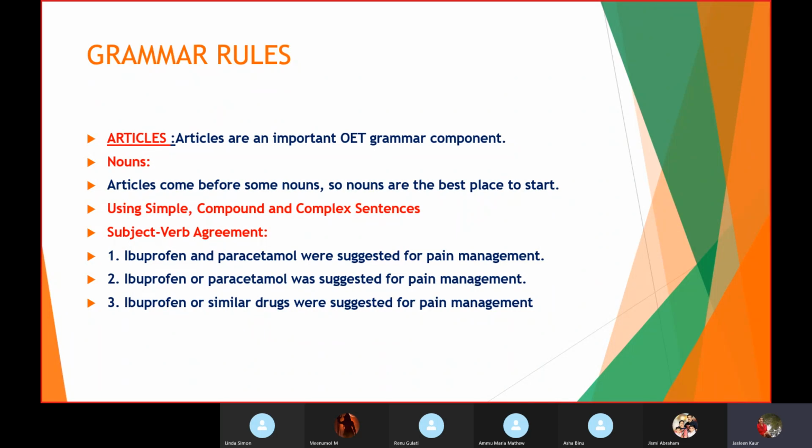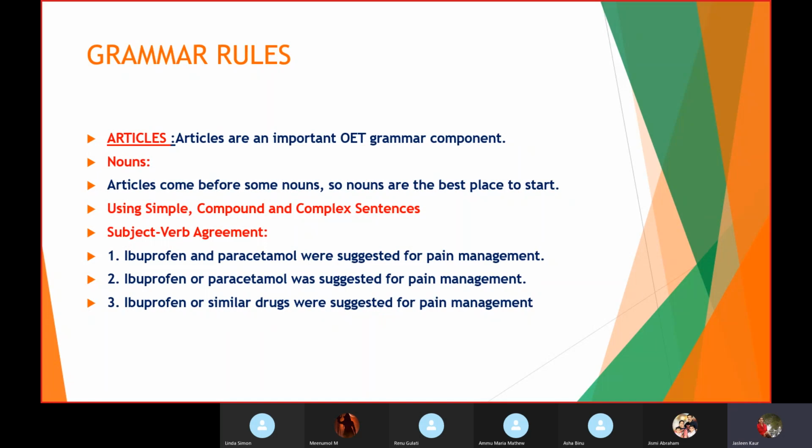But if I say Royal City Hospital, then I can say, Mr. X was admitted to the Royal Hospital, because I've mentioned the name and specified which hospital. Similarly, there are some nouns with that. Articles always come before nouns, so you have to start your subject with the nouns.